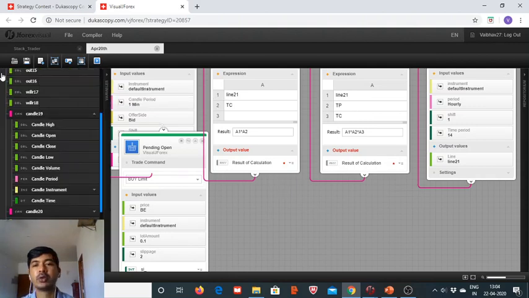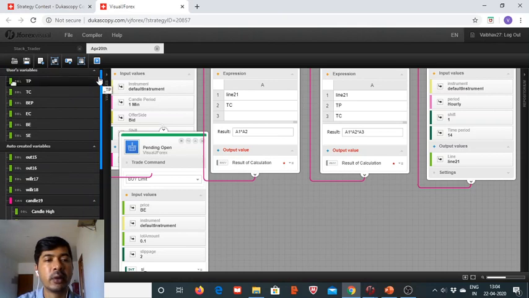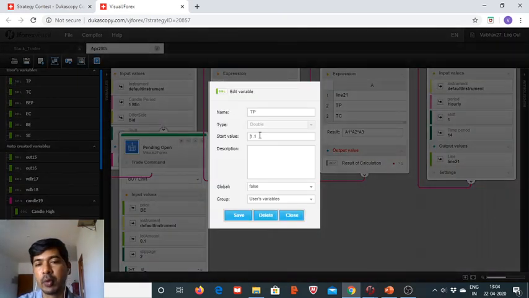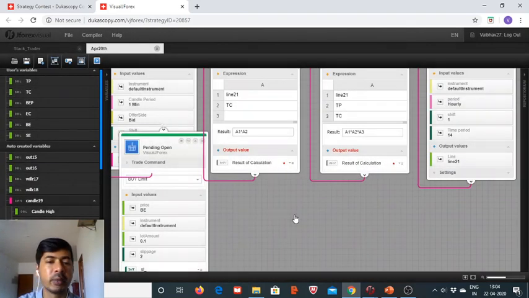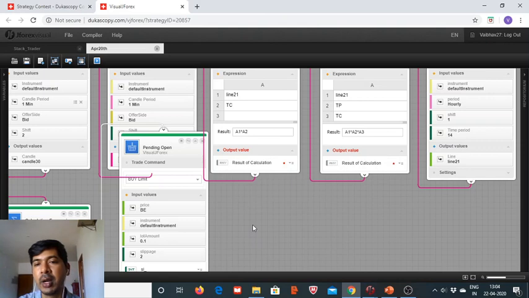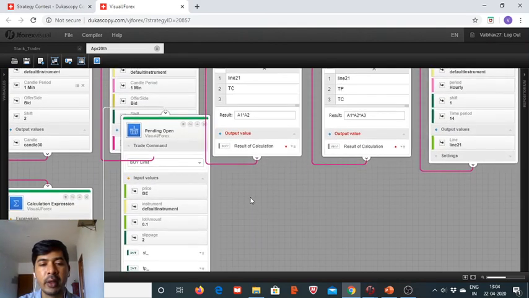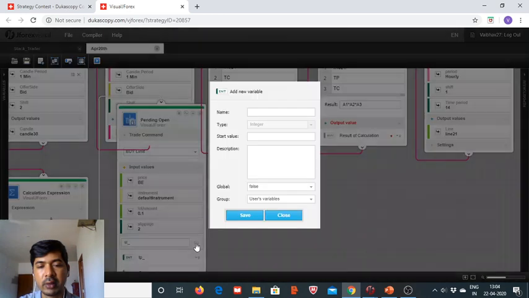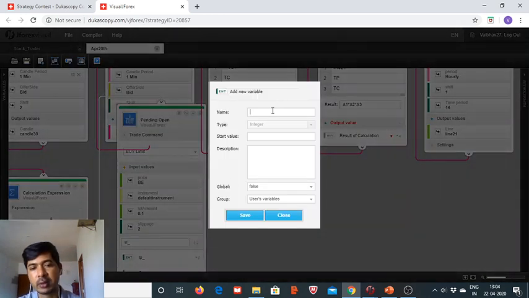So here I will show you the TP's value, and it is 1.1, means the 110% of the hourly ATR will be considered as a target price. And we now define this as a sell.